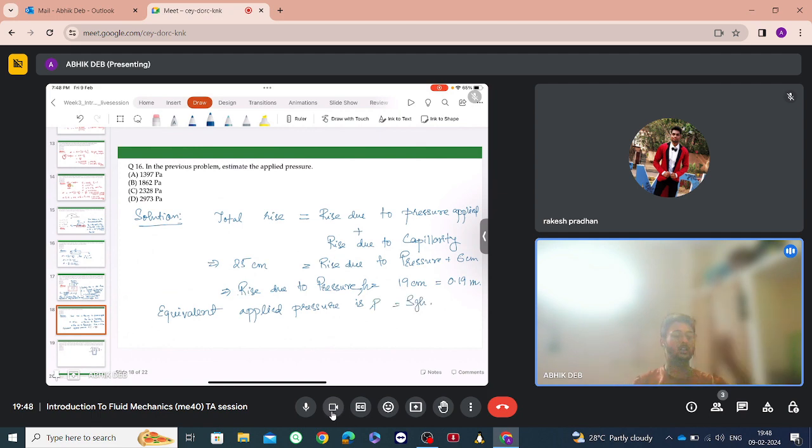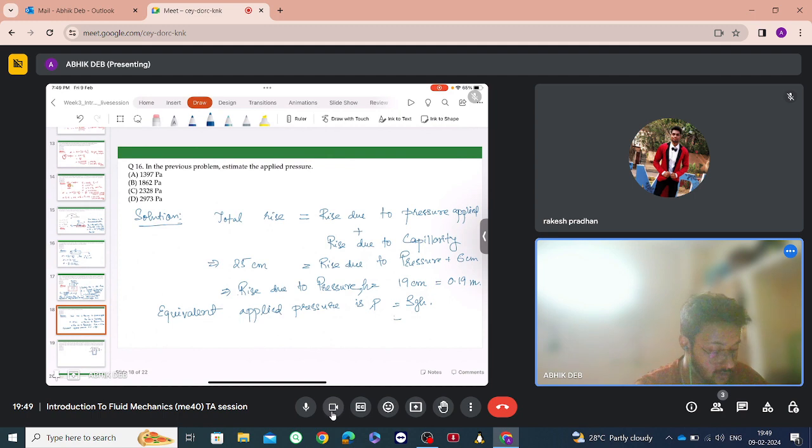So if we consider any pressure P, then it can be identified with the rise of a fluid by equating it to rho gh, where rho is the density of the fluid and h is the height to which the fluid is rising. So if the rise due to pressure is 0.19 meter and the fluid has a density of rho, then the applied pressure due to which this rise has occurred can be equated as rho gh.